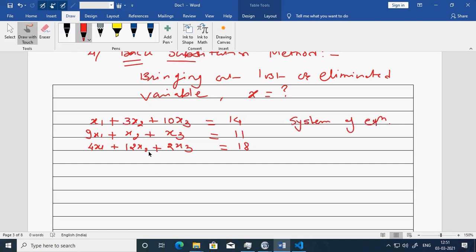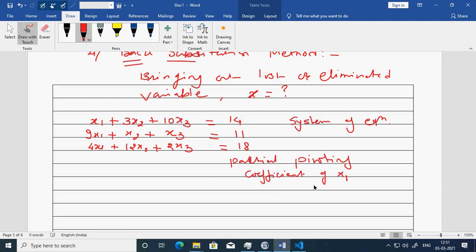So we do the partial pivoting. Partial pivoting means arranging a system of equations in such a way that the diagonal element will have the maximum absolute value. In case of partial pivoting, first we target the coefficient of x1.